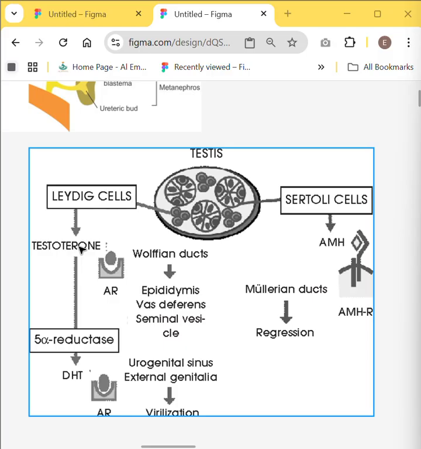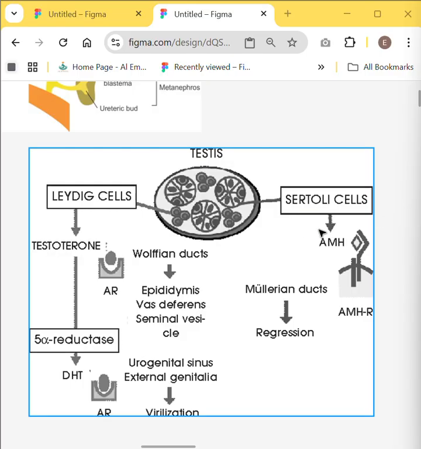Now what does the anti-Mullerian hormone basically do? The anti-Mullerian hormone suppresses further development of the Mullerian ducts, whereas the testosterone stimulates the Wolffian ducts, right?